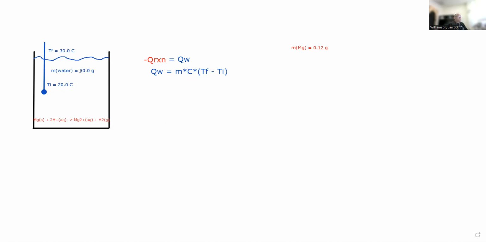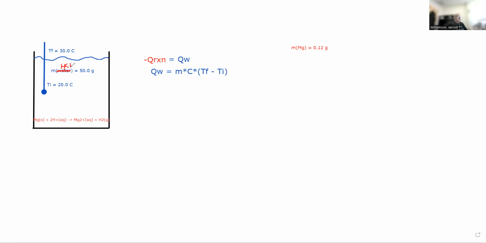So let's say I take 50 grams of water and 0.12 grams of magnesium. I should have more sig figs than that. And I put that 0.12 grams of magnesium into 50 grams, not of water, but of HCl solution.